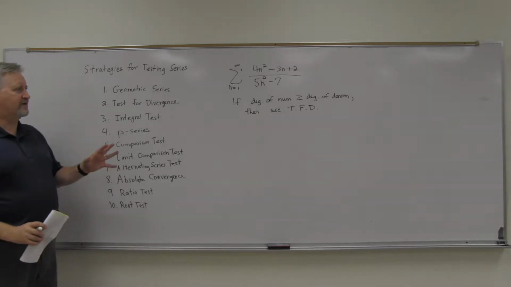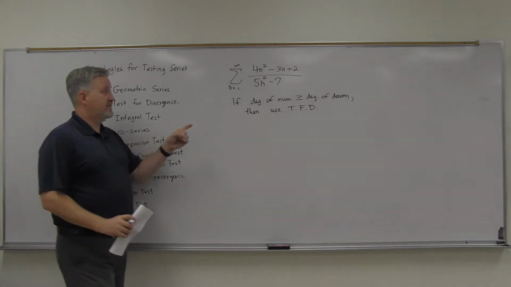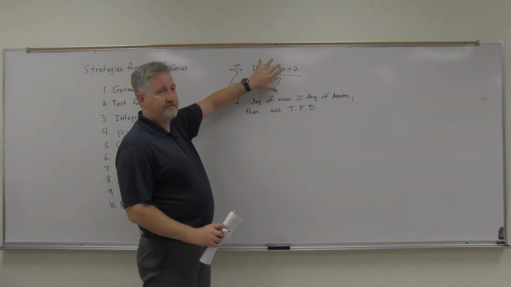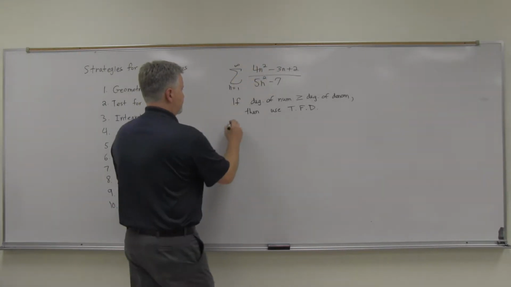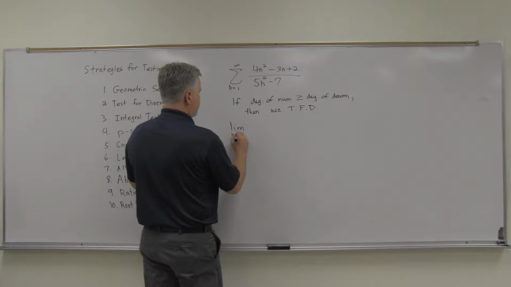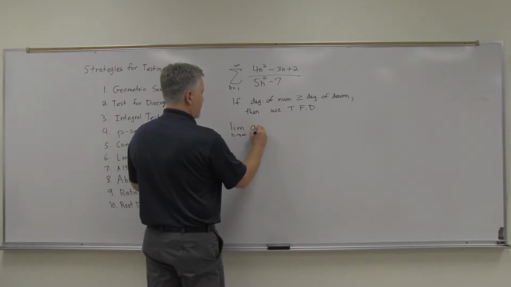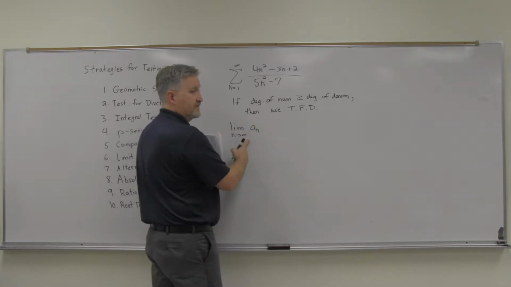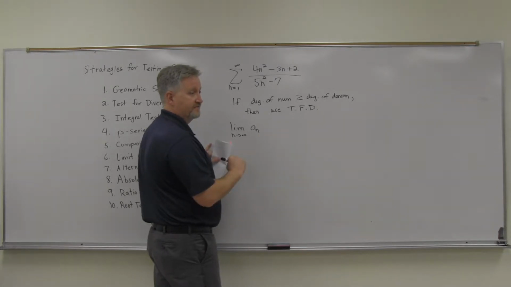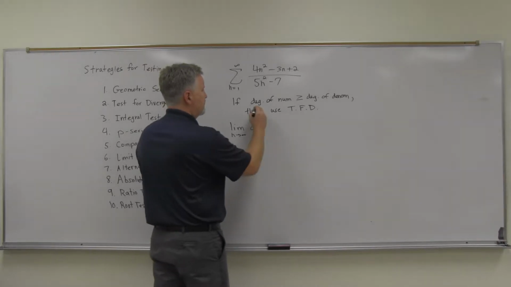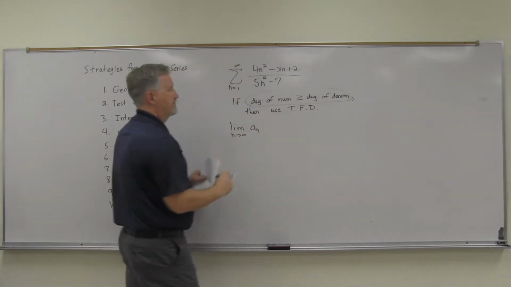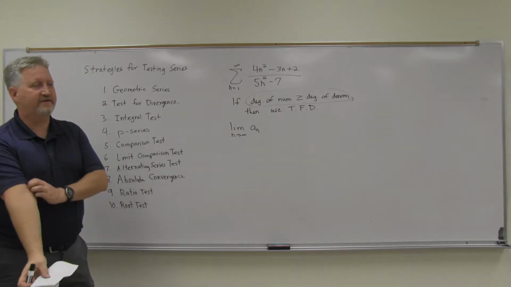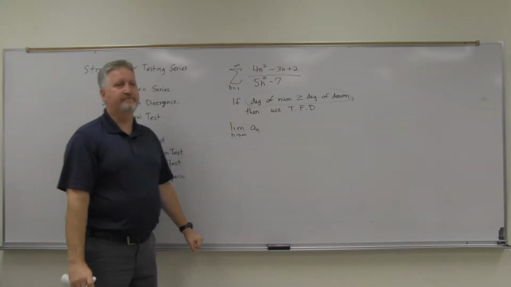Because what's going to happen? Remember, what the test for divergence says is if the limit as n goes to infinity of a sub n isn't equal to 0, then it's divergent, right? And so whenever you have that, that's a strong indicator that the limit is not going to be 0.